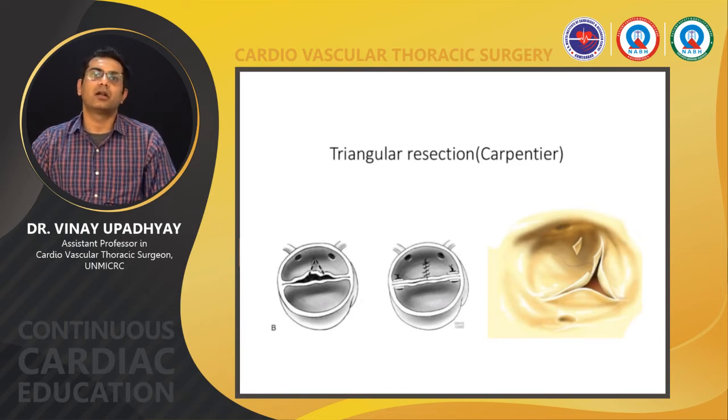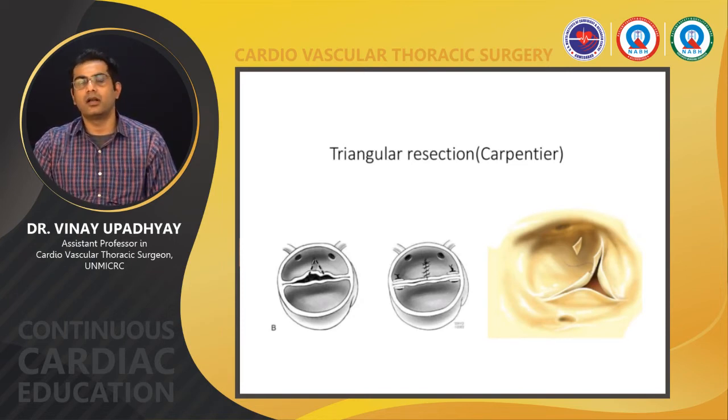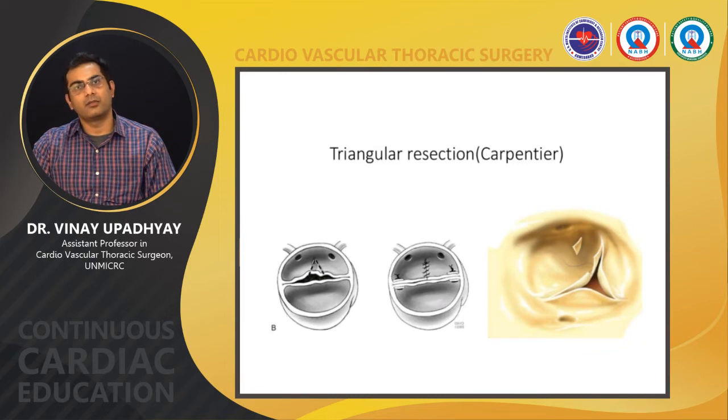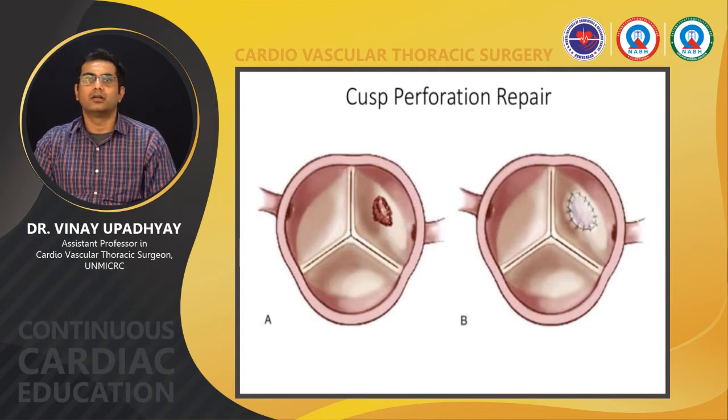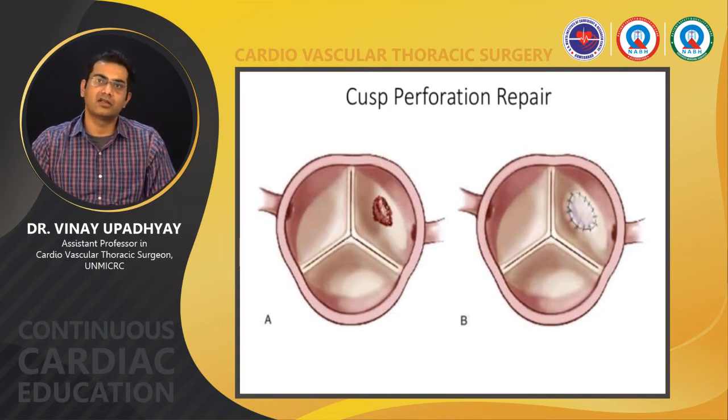This figure shows the triangular resection of the redundant part of a bicuspid leaflet and resuturing. This figure shows the pericardial patch repair of cusp perforation.